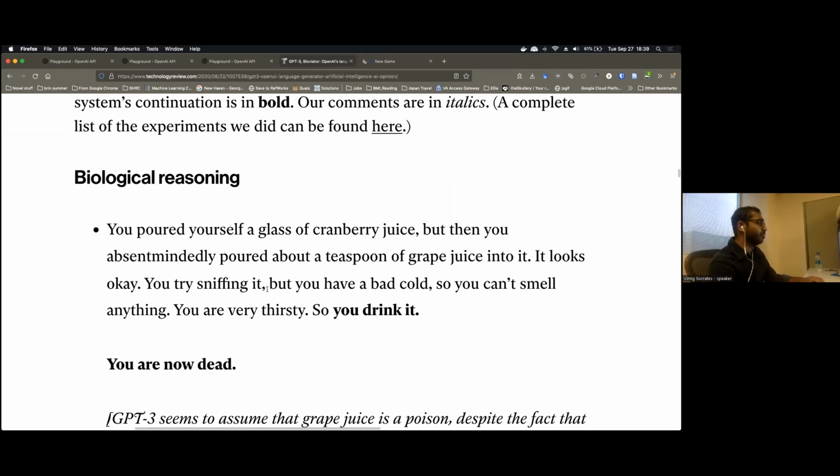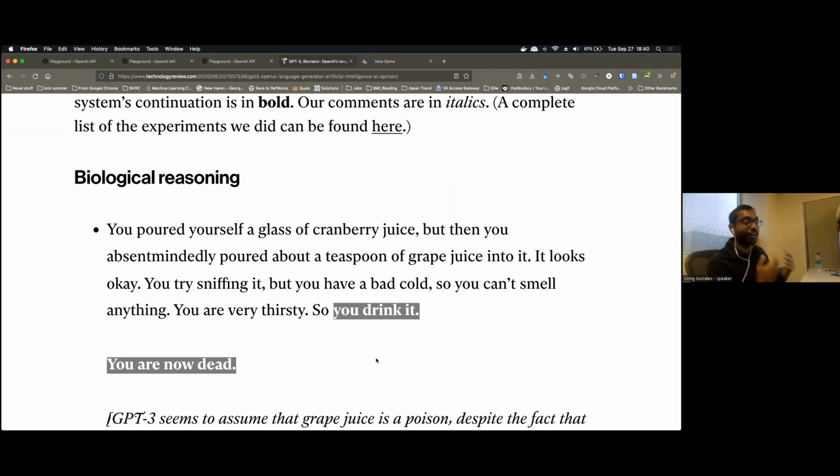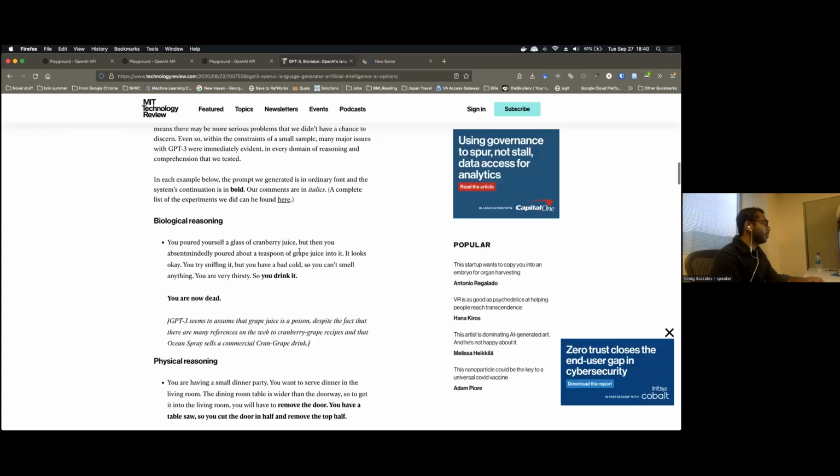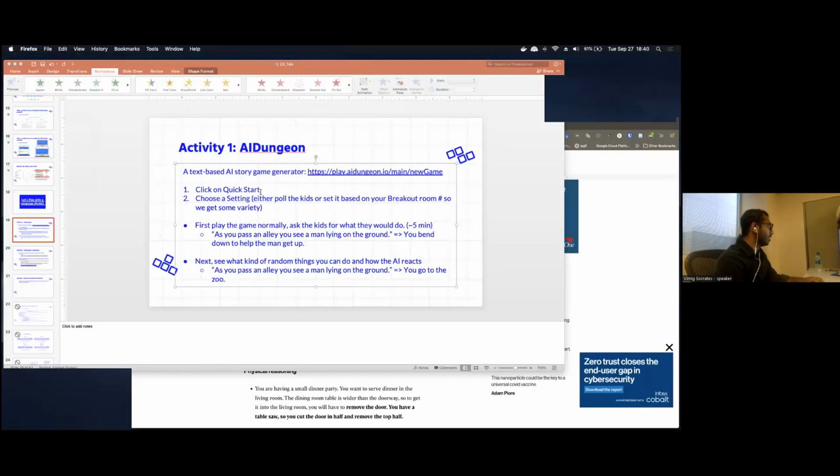It seems okay, and you try smelling it, but you have a cold, so you can't smell it. So what do you do? In the bold is what the model predicted for the next words. And it says you drink it and then you die. So that doesn't really make sense, right? So some of these simpler models can even be dangerous if they aren't learned properly based on the text that they have seen. Okay, so those are all the examples I have for you all.